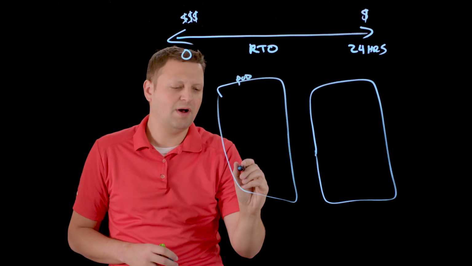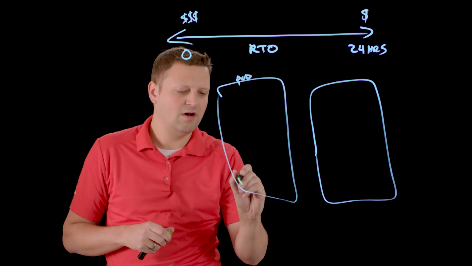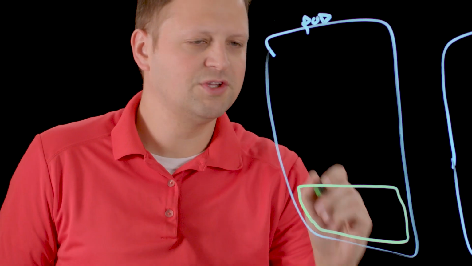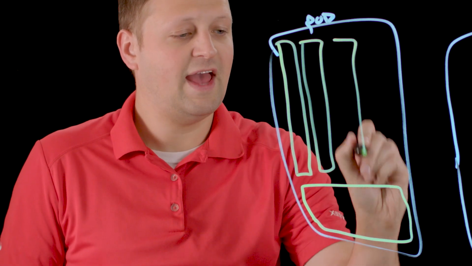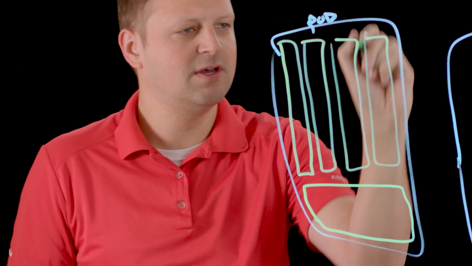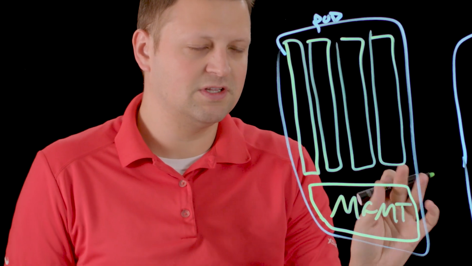The reason we call it pod and block is because inside of a pod, we oftentimes architect multiple different blocks. And those blocks have specific purposes inside of that configuration. We typically have management blocks, which hold the management components of the solution.